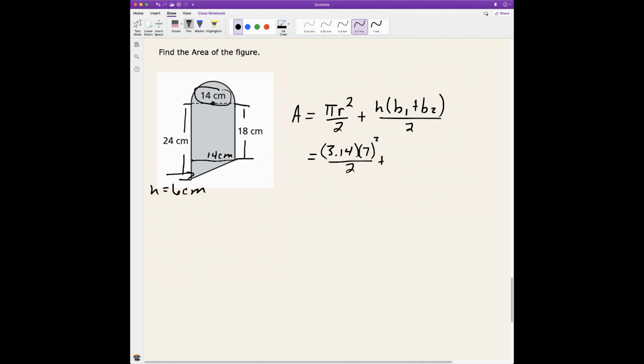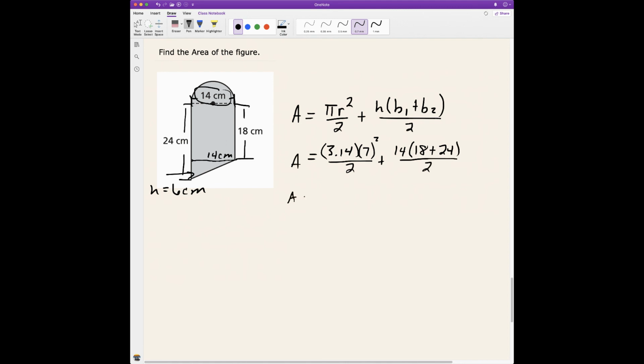This number would represent the height of my trapezoid. The height is basically the distance between the parallel sides. So the height would be 14. Base 1 would be 18. Base 2 would be 24. And that is divided by 2.